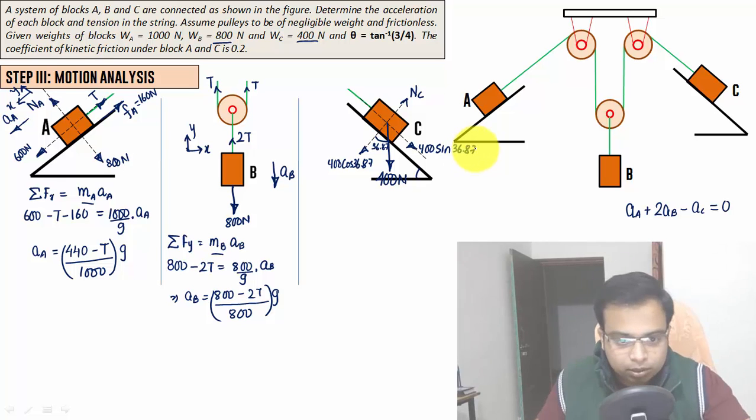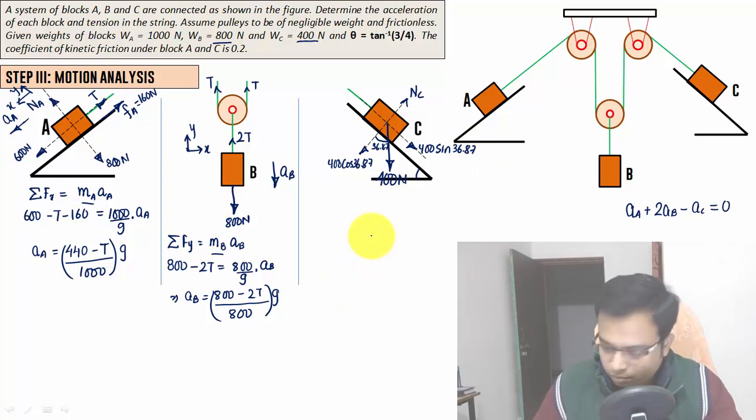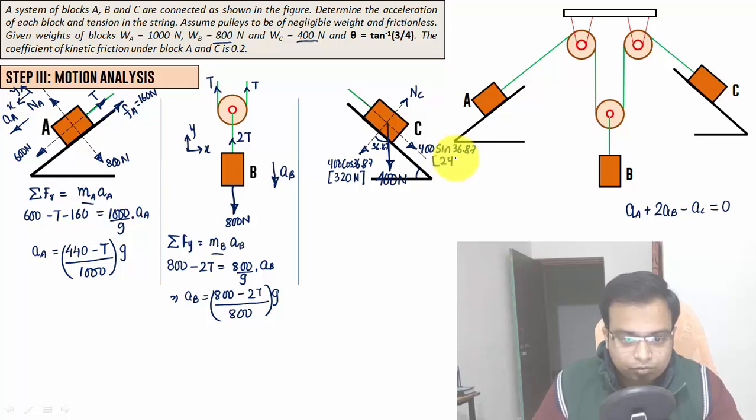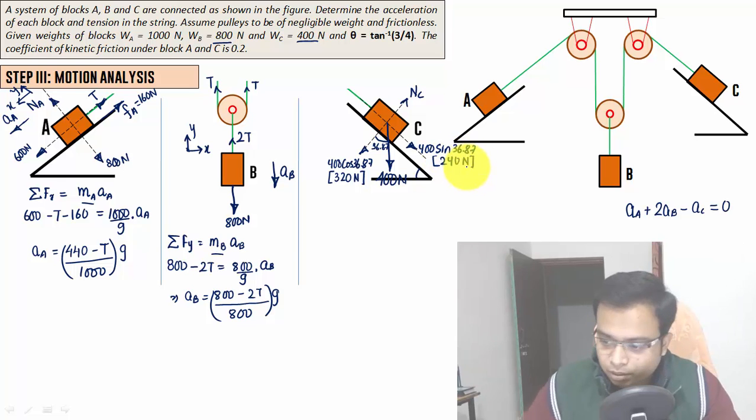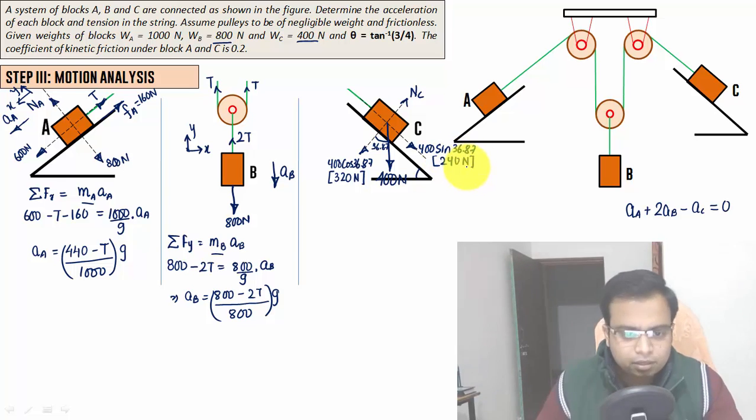I just need to work this out in a calculator. 400 cos 36.87 works out as 320 newtons, and this over here will work out as 240 newtons approximately. Okay, and secondly, we have this tension T.